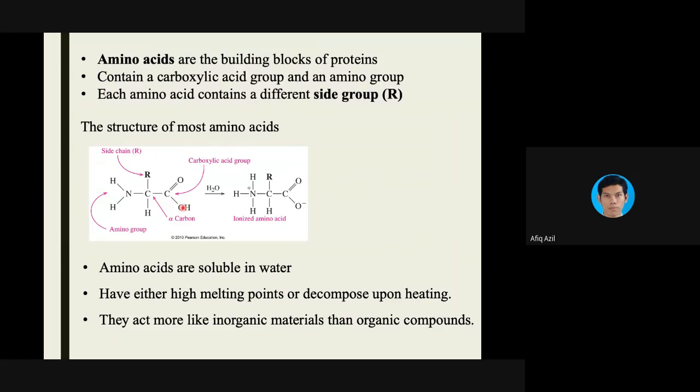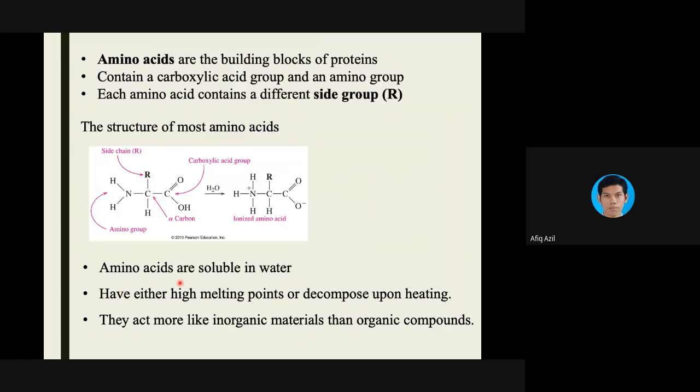So hence you have the combination of amino and acid. So amino comes from the amine, and carboxylic acid gives the acid. So this is the side chain R, in which each amino acid will have a different R group. Okay, so that will make them different.